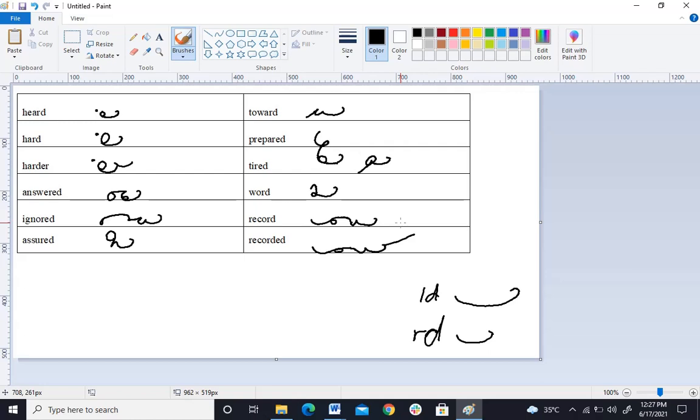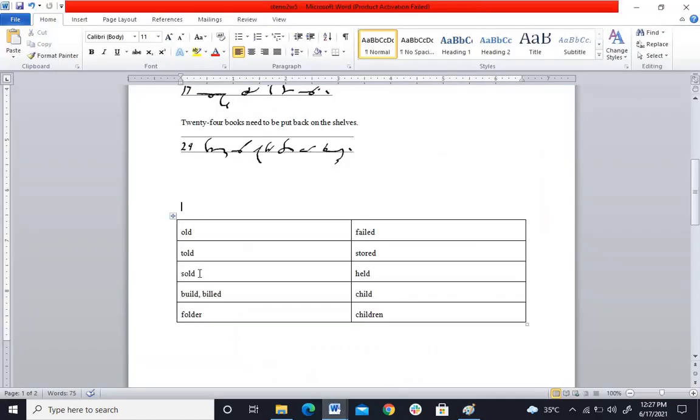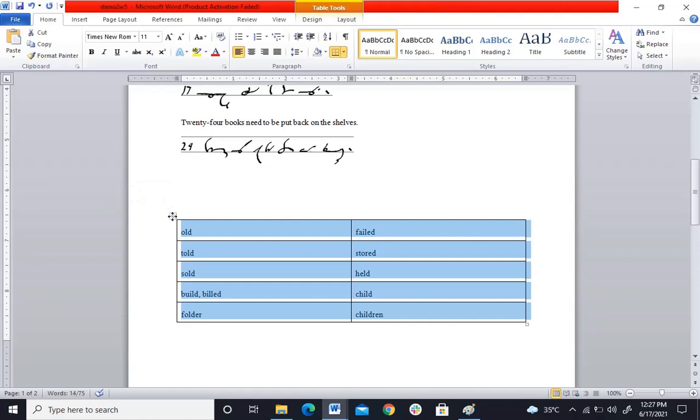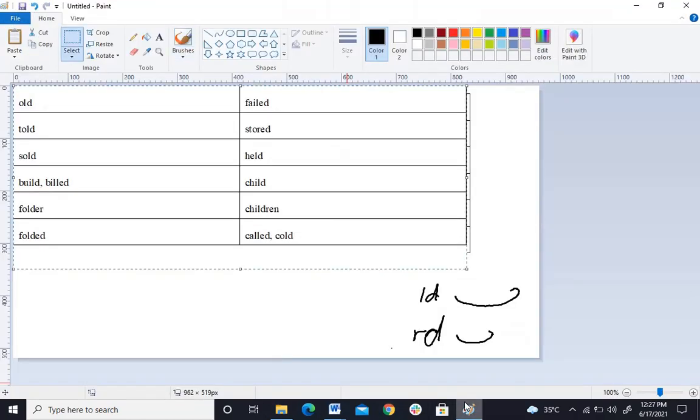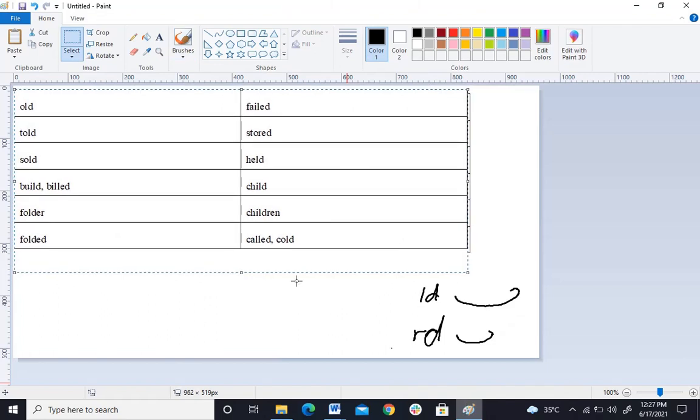Now, kung meron kayo ulit hindi nakuha, please go back and try doing it again. Now, let's move on to our LD words. So, yung ating mga LD words, we have "old". The same technique, mas mahaba nga lang compared dun sa R. So, we have "old". And then we have "told".